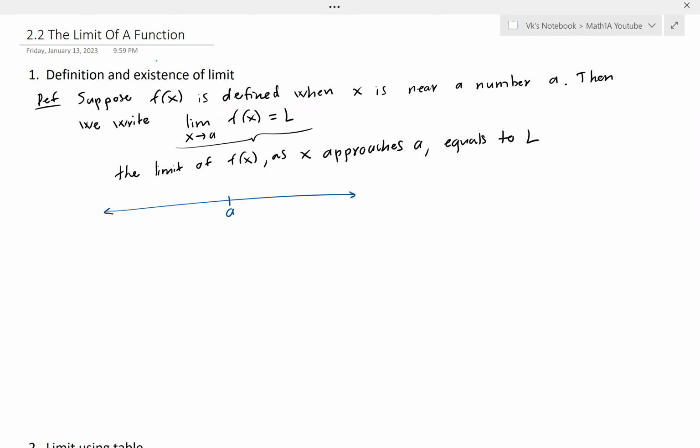We can either do a right approach or we can do a left approach.